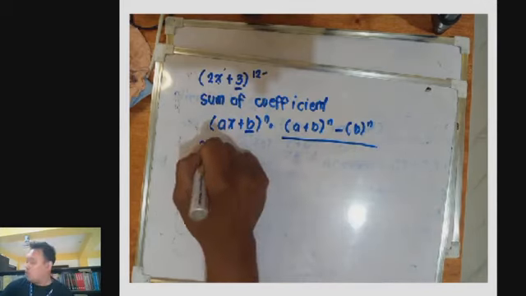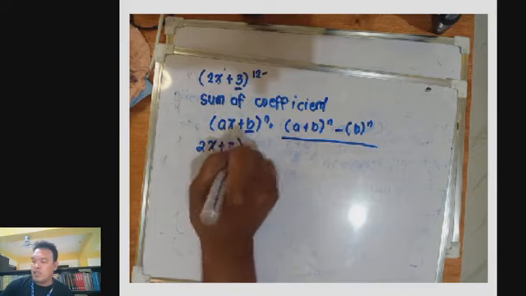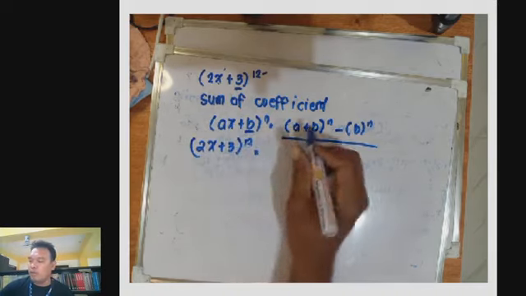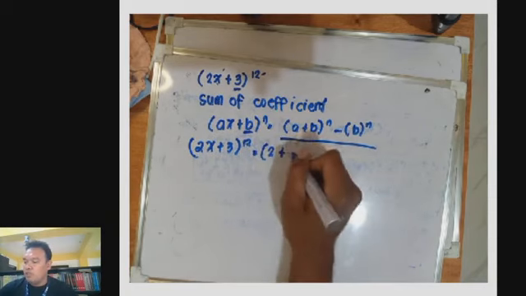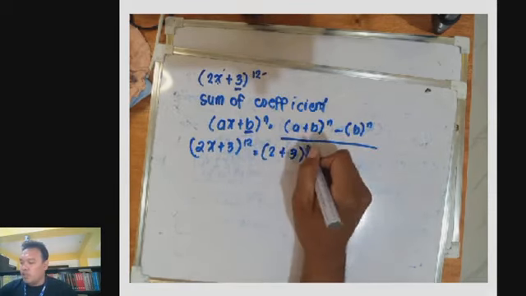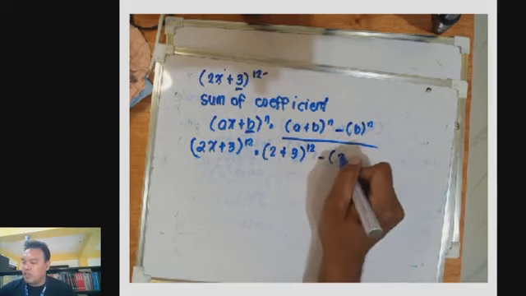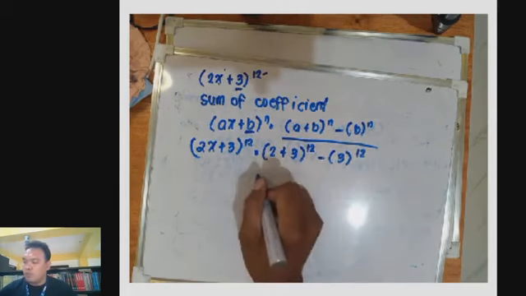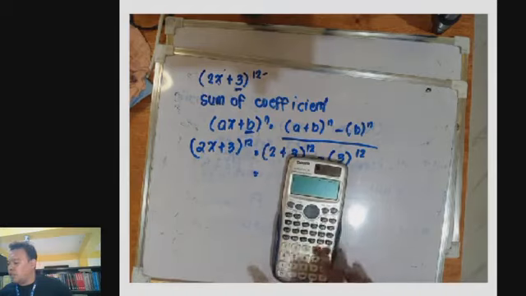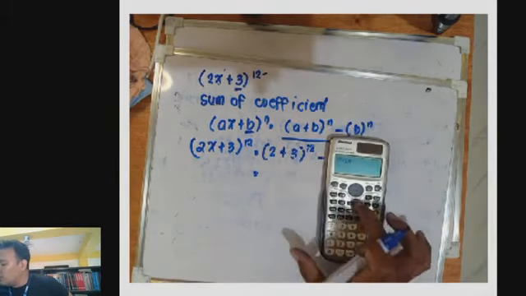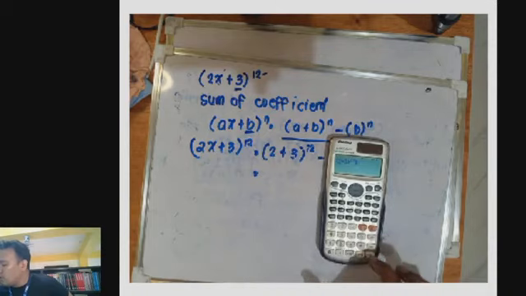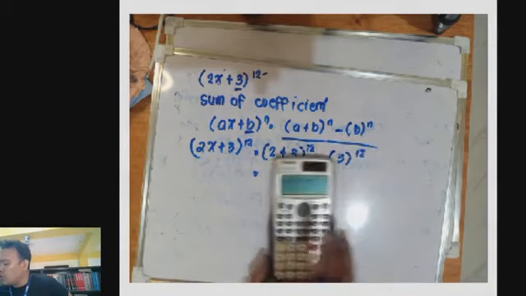So we have 2x plus 3 raised to 12. So the value of a is 2, the value of b is 3, then the value of n is 12. Minus 3 raised to 12. So, for the sum of coefficients, lagay nyo lang sa calculator, 2 plus 3 raised to 12 minus 3 raised to 12.